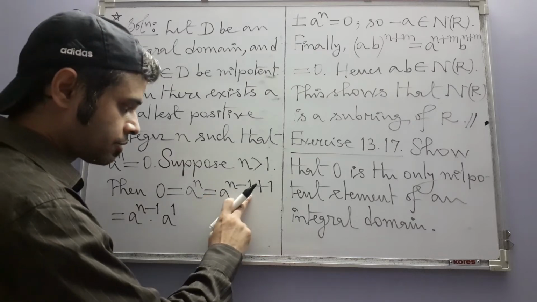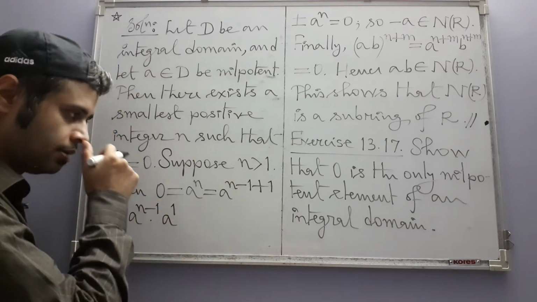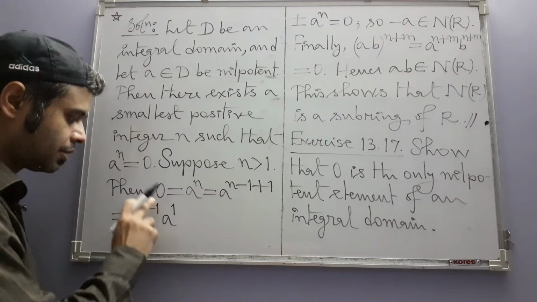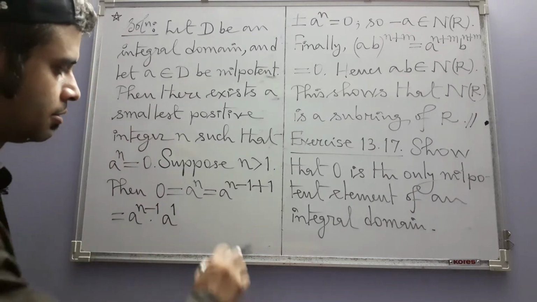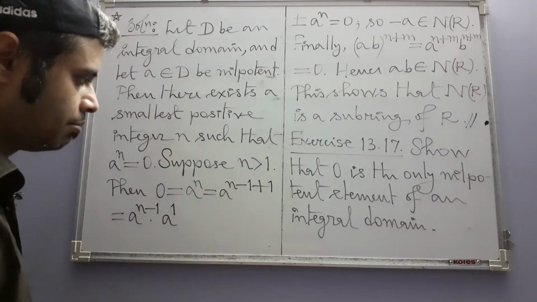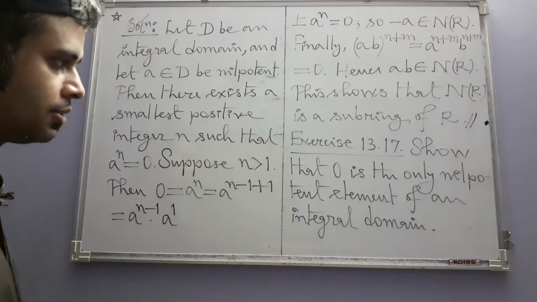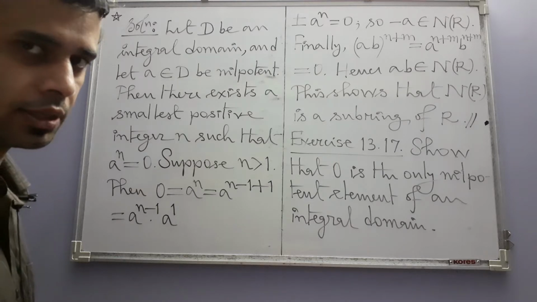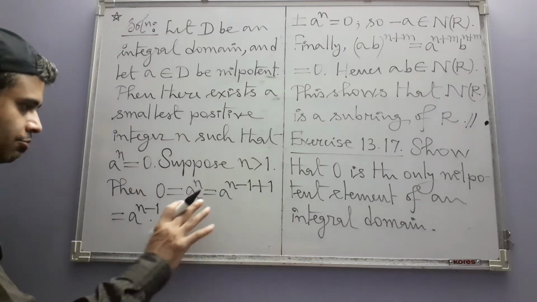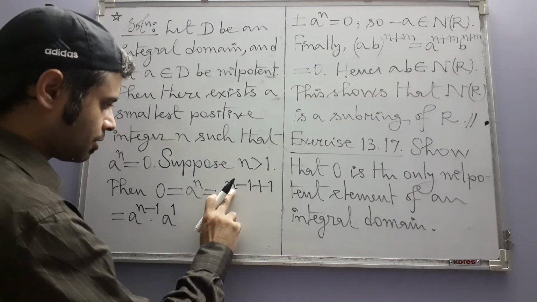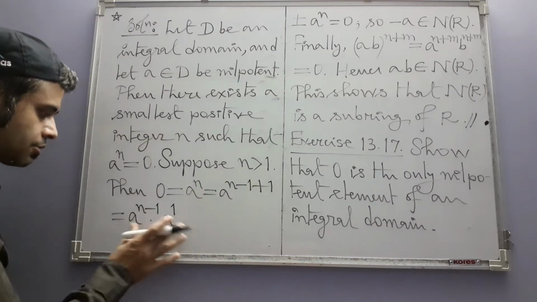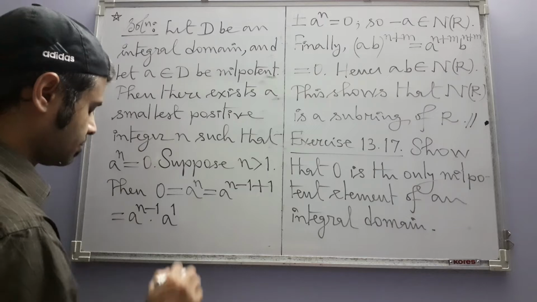If n minus 1 is negative, then in a general ring the power may not make sense because that element may not be invertible or a unit in the ring. But now we don't have those problems, because n minus 1 is positive.